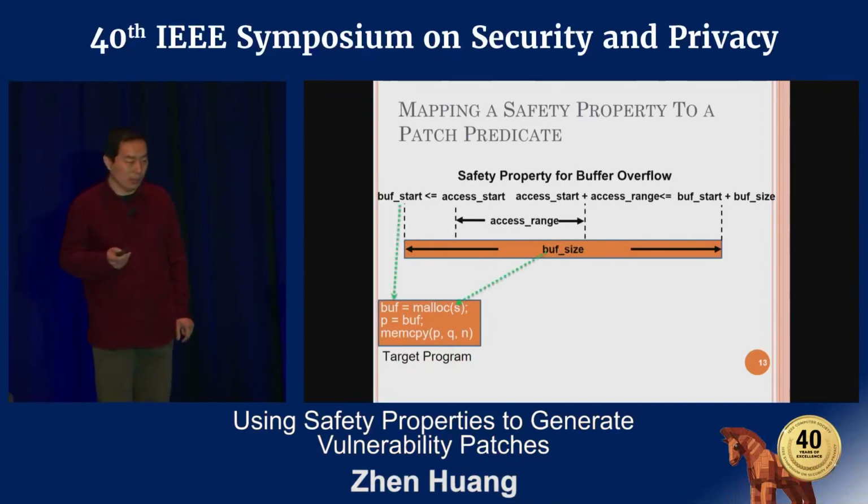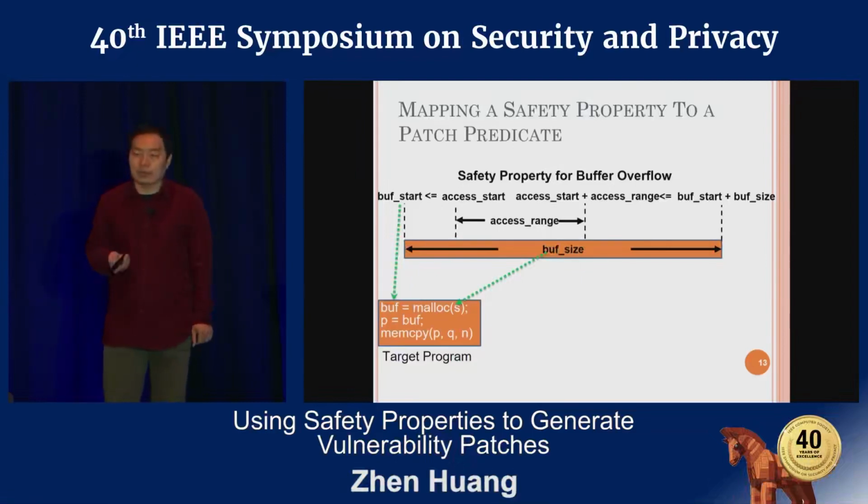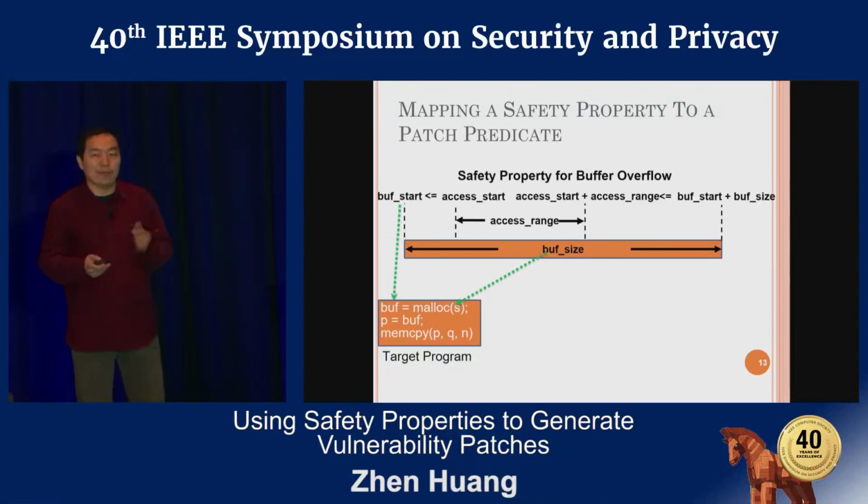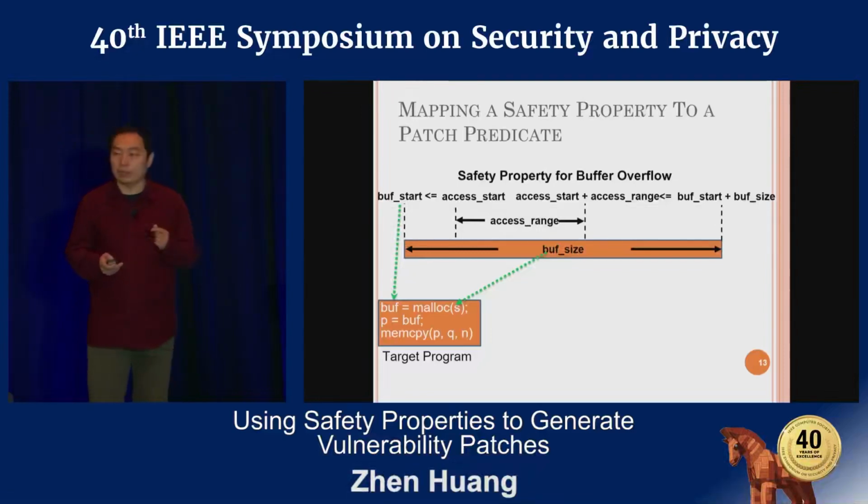For example, this code allocates the buffer via a call to malloc with the size specified by S and stores the starting address of the buffer to pointer buff. So SYNCs will map buffer start and buffer size in the safety property to buff and S respectively for this target program.